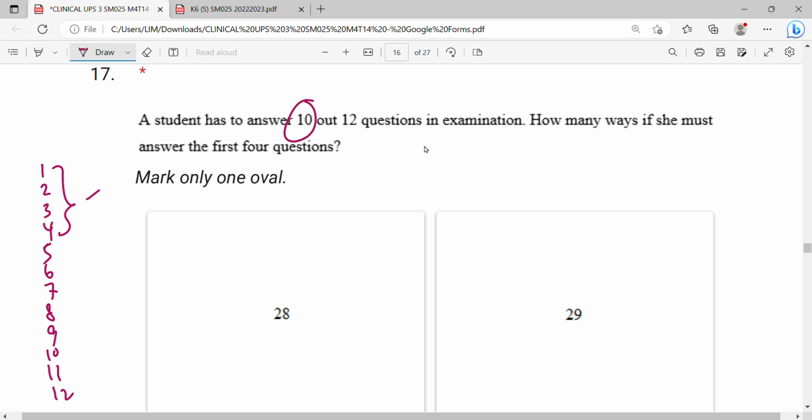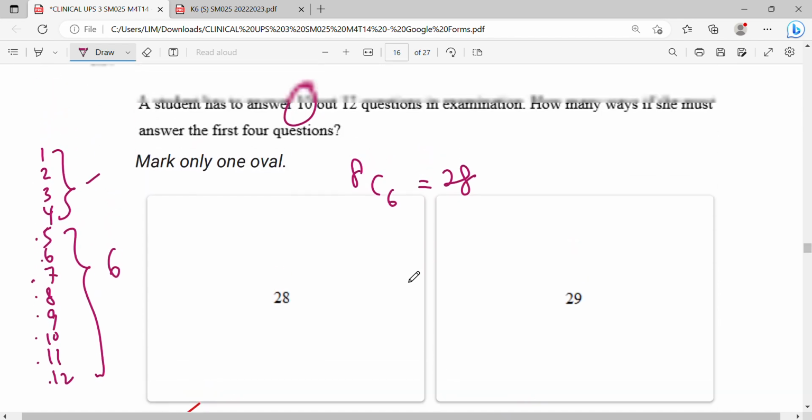So you how much lagi kena jawab daripada sini? Pilih lagi 6. So berapa? 1, 2, 3, 4, 5, 6, 7, 8. So 8, choose 6. Alright. Dah.